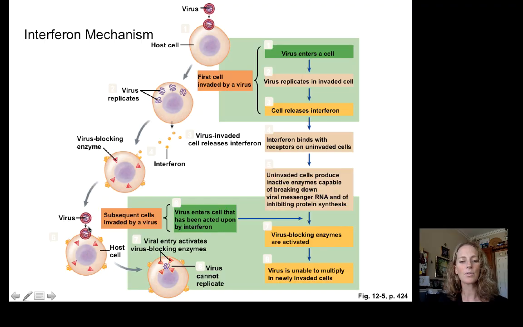So the virus will try to get into the cell, but that cell has already been prepared and is able to block the virus from replicating. That virus will not be able to replicate, and that cell will be saved. So interferons are signals that are released from damaged, virally infected cells to help nearby cells prevent virus replication.